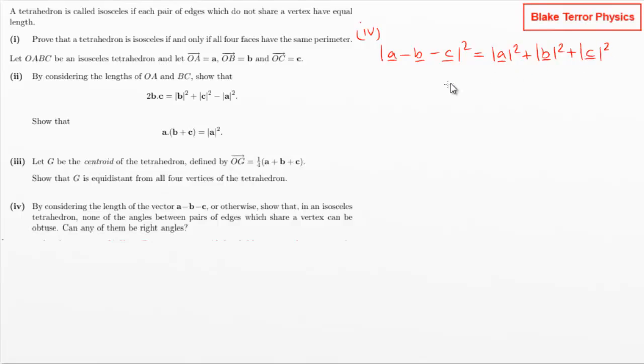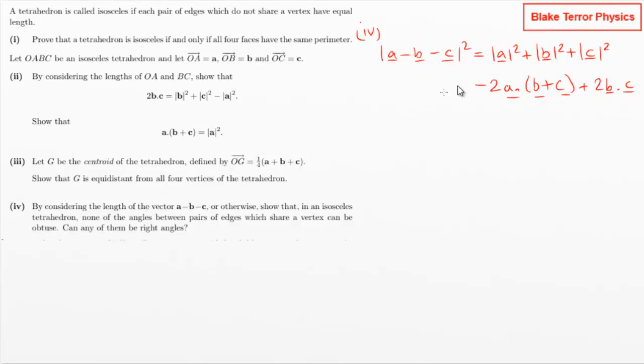Then we're going to have, well, the a's are going to give us minuses. So we're going to have minus 2 lots of a dot b and a dot c, so a dot (b plus c). Okay, underline all those. And then we're going to have a plus 2 b dot c.